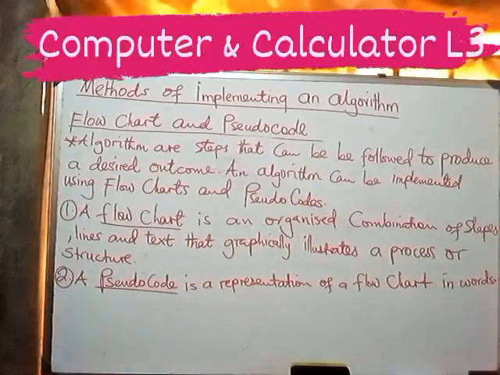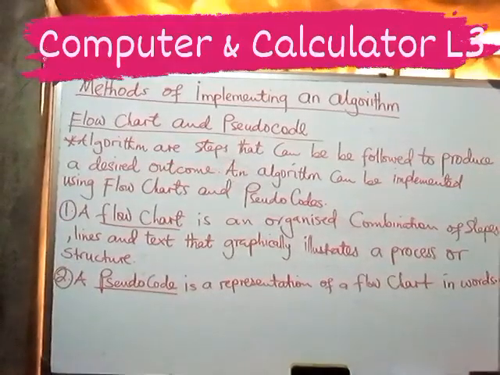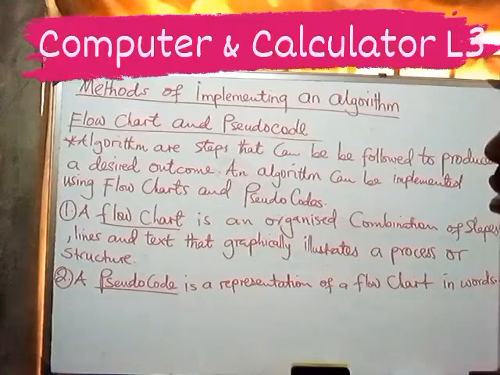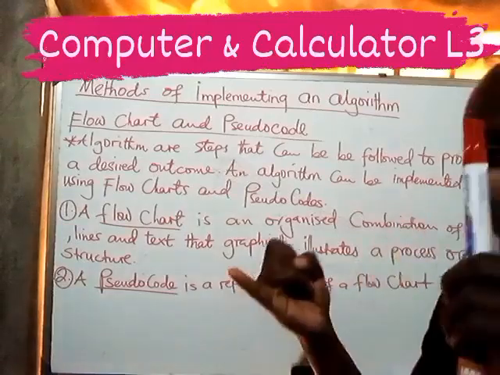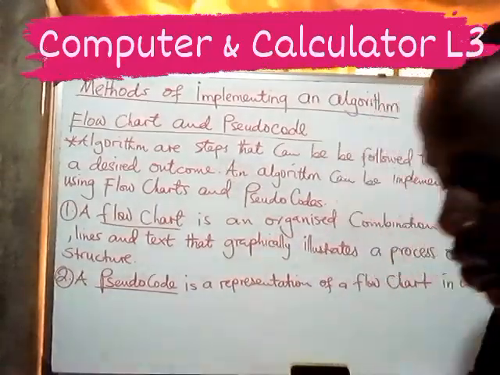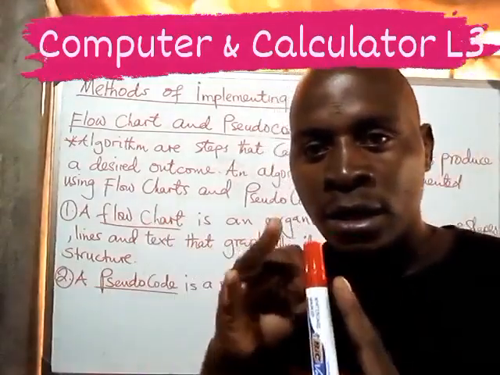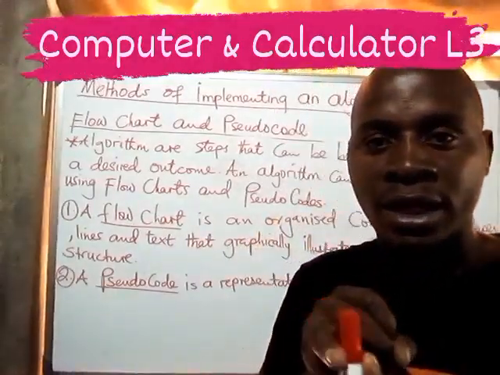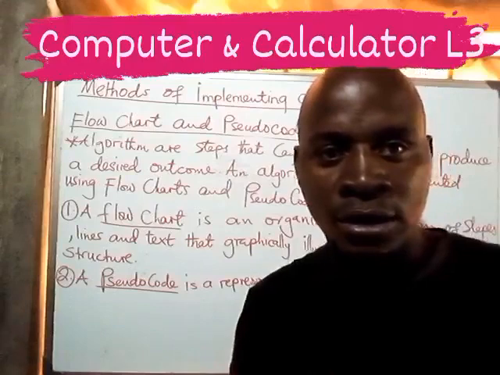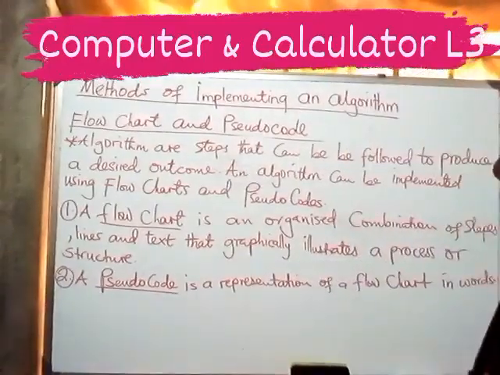So we have methods of implementing an algorithm. Now on that one, we are saying it is implemented by using flowcharts and also the other thing which is known as the pseudocode. Now let's define these things.